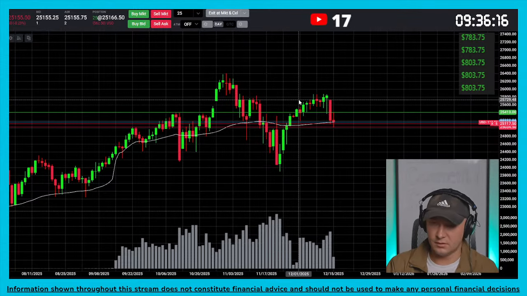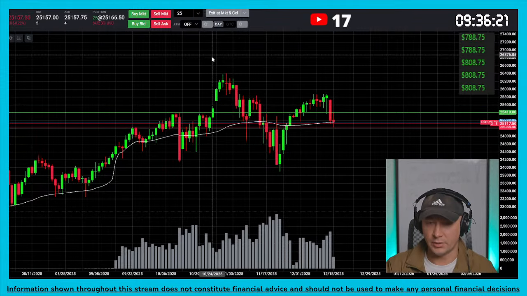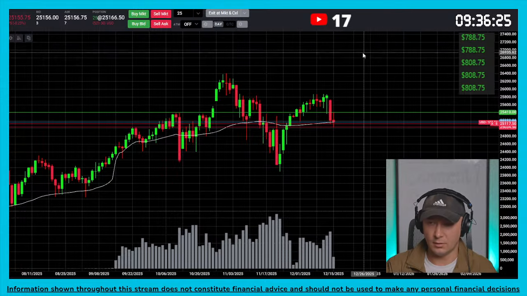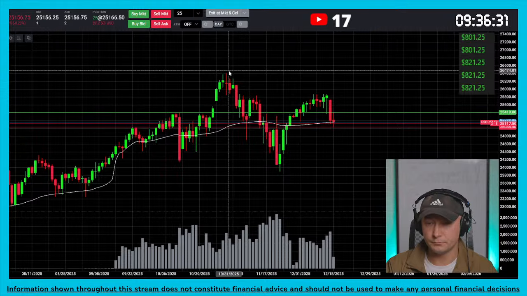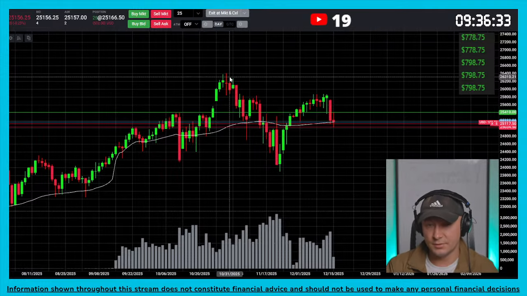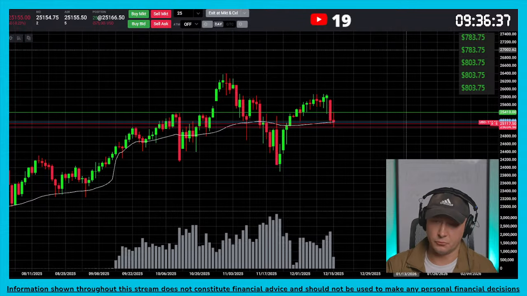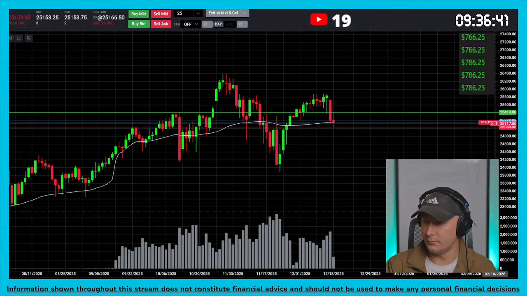When you look at the seasonal movements of the market, on average, we should see a push to all-time highs by the end of the month. So on average, that is what happens. Based on different stats, 2026 is going to be a green year.